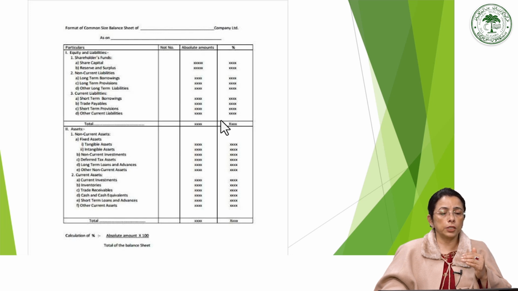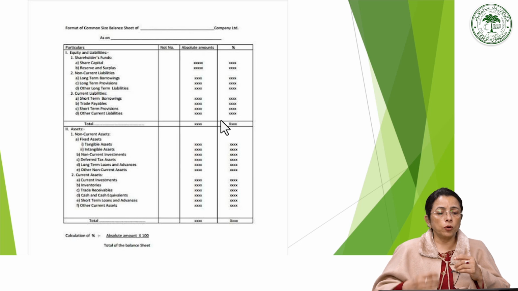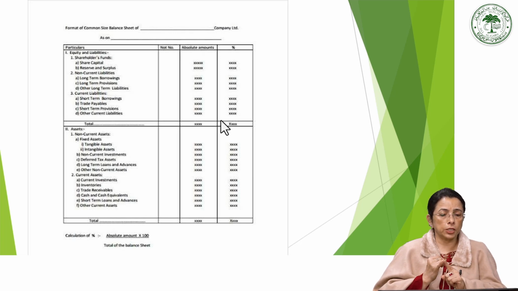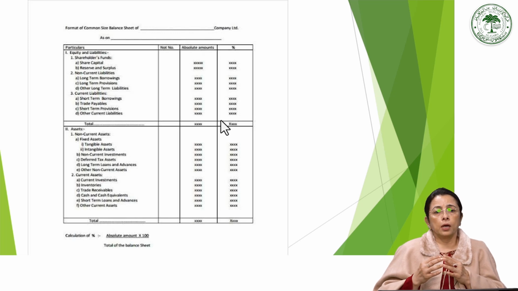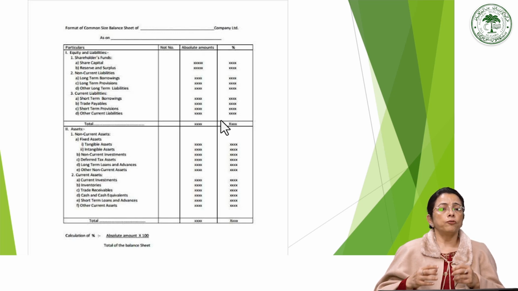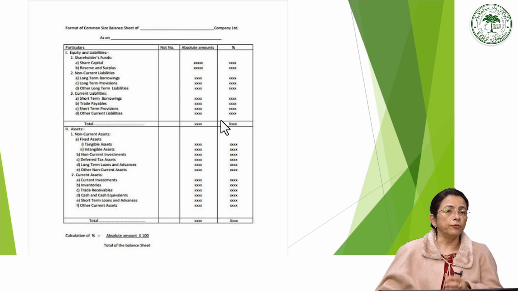So here the shareholders' equity includes all the shareholders' funds, that is shareholders' capital as well as the reserves and surpluses. What are reserves and surpluses? Reserves and surpluses are the cushion which is created by the business every year by diverting a certain amount of money from the profits to this head, as I said, in order to meet unforeseen liabilities in future.